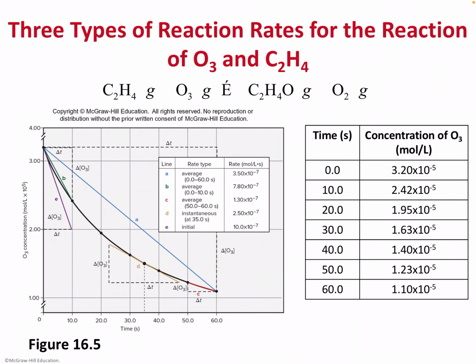Now this example over here, or the graph, shows us three types of reaction rates for the reaction of ozone and C2H4. C2H4 is ethylene.